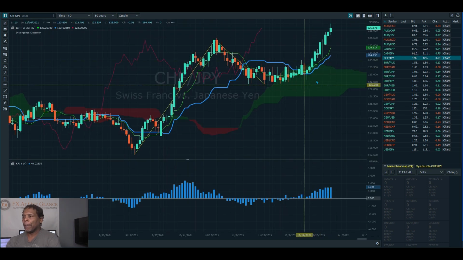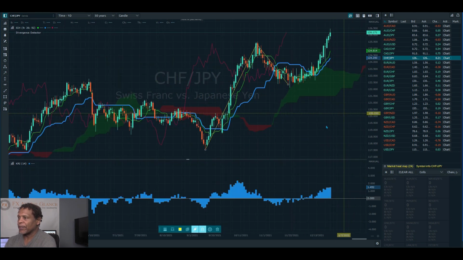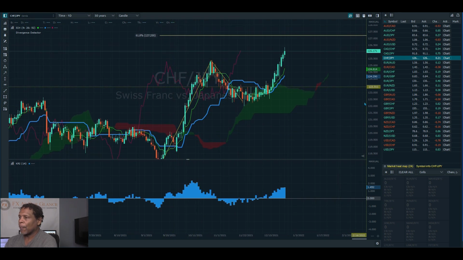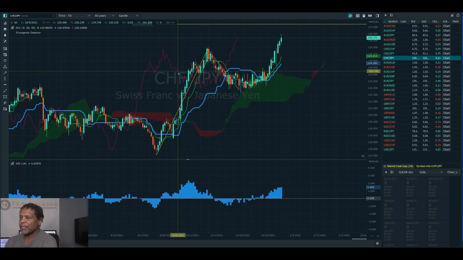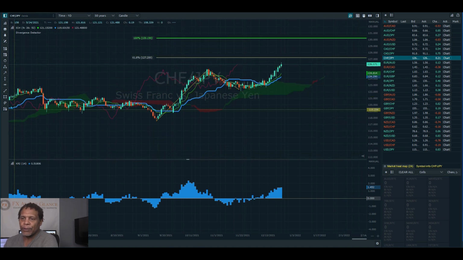Swiss franc yen. Again, this is a very strong one. You could see this moving really good to the upside. I already have targets on here. So we broke structure, and you could see it's a good N wave. Let me mark this for you, show you the N wave and where it's going, where it could be going.